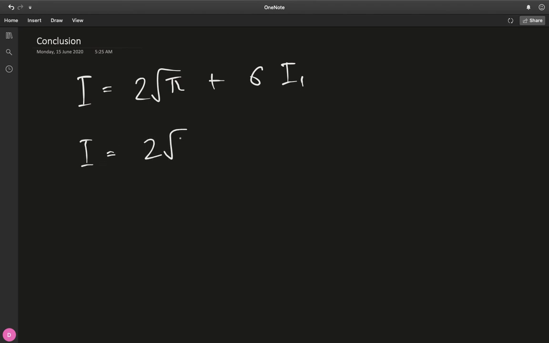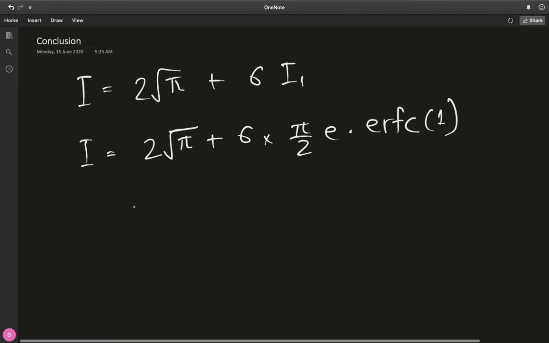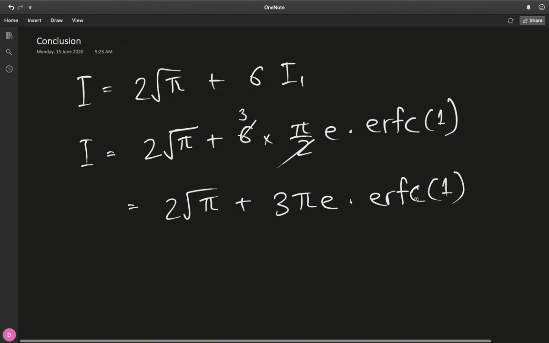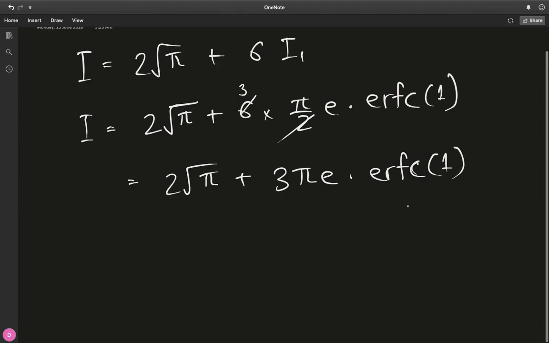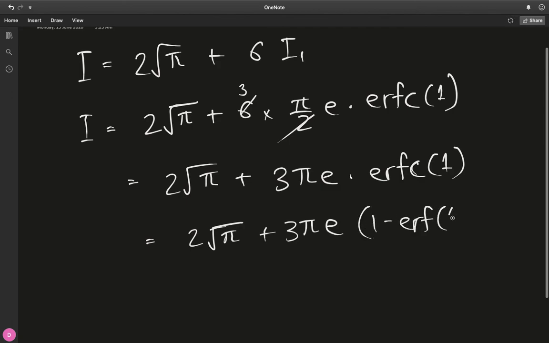We know I1, so this is just going to be 2 times square root of pi plus 6 times pi over 2 times e times the complementary error function of 1, and then cancelling out common factors, we just end up with 2 times square root of pi plus 3 pi e times the Gaussian complementary error function of 1, which I don't know, if you want to write this as 2 times square root of pi plus 3 times pi e times 1 minus Gaussian error function of 1, you can do that also.